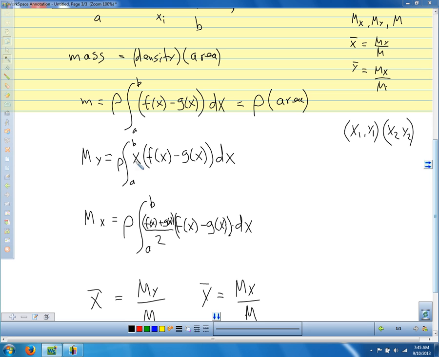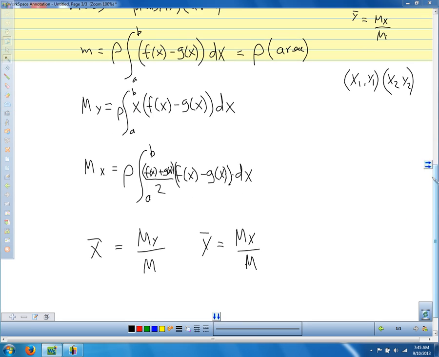X is the distance from the y-axis. This f of x plus g of x divided by 2 is the distance of the center of that rectangle from the x-axis. And when we find our x bar and y bar, you see that rho shows up in each of these, so that cancels at the end. So the density doesn't even play a part in this.